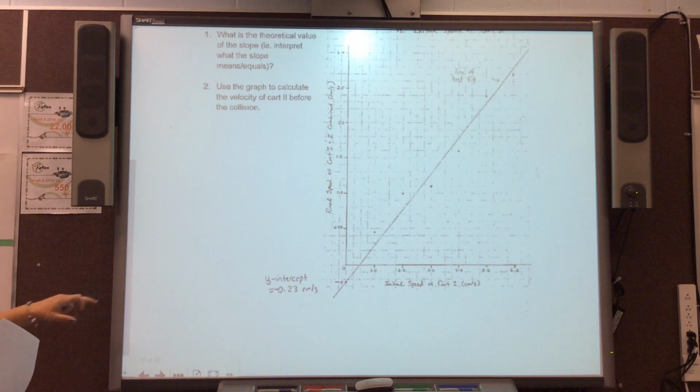It's asking us what's the theoretical value of the slope, interpret what the slope value means, and use the graph to calculate the velocity of cart 4. When you flip over your page, you will see the graph beside the blank page, so you can have them open and see at the same time.